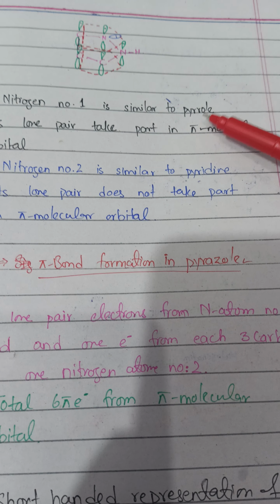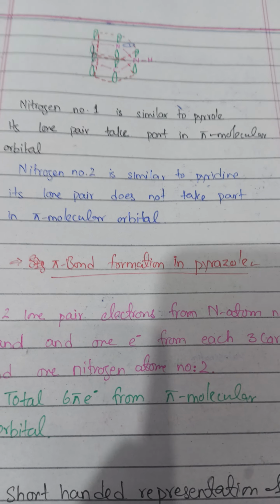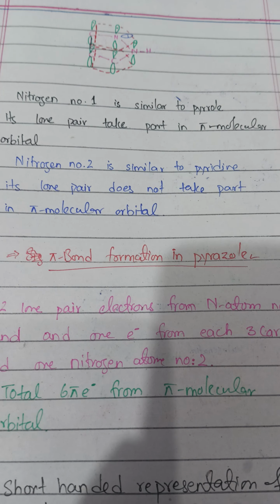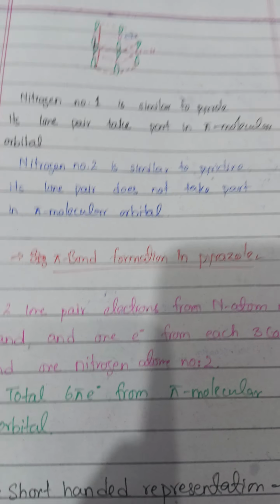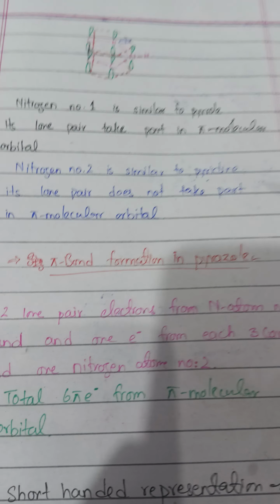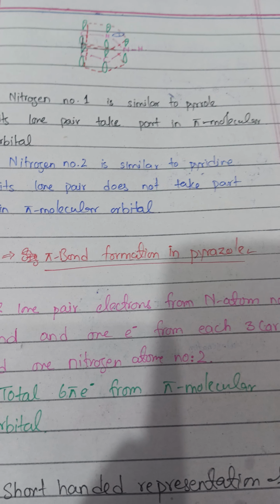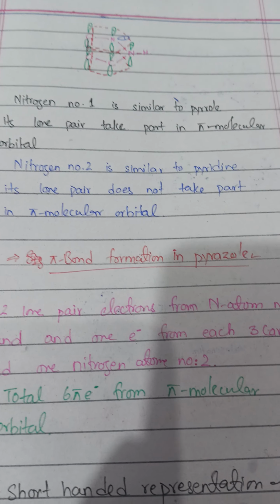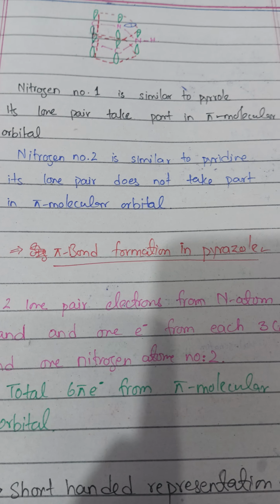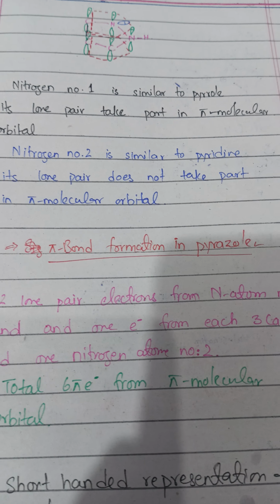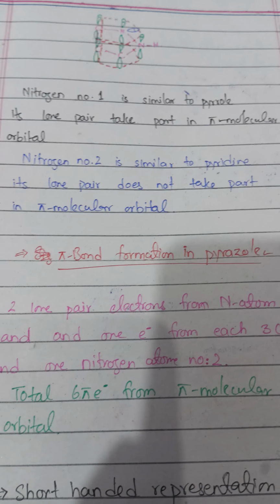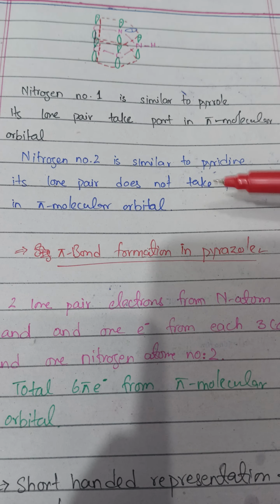If we see pyrrole, in pyrrole the lone pair present on the nitrogen atom is involved in the pi molecular orbital, so its lone pair is not free, so it is not able to form a bond, so it is weakly basic compared to pyridine. So this is the major reason behind it.